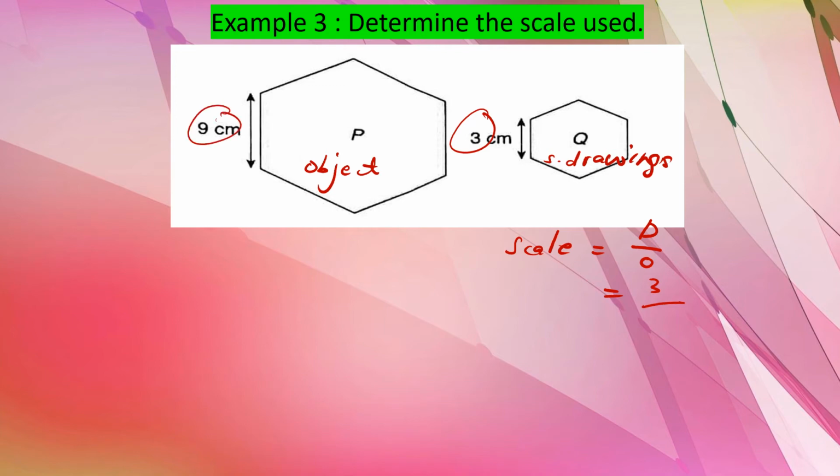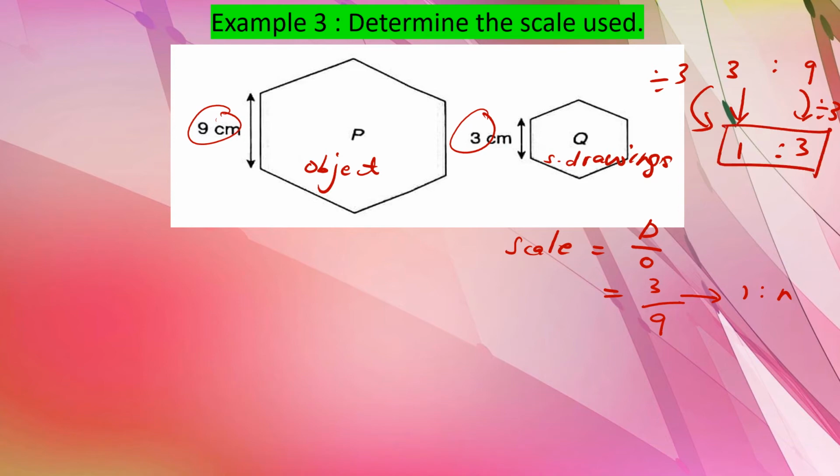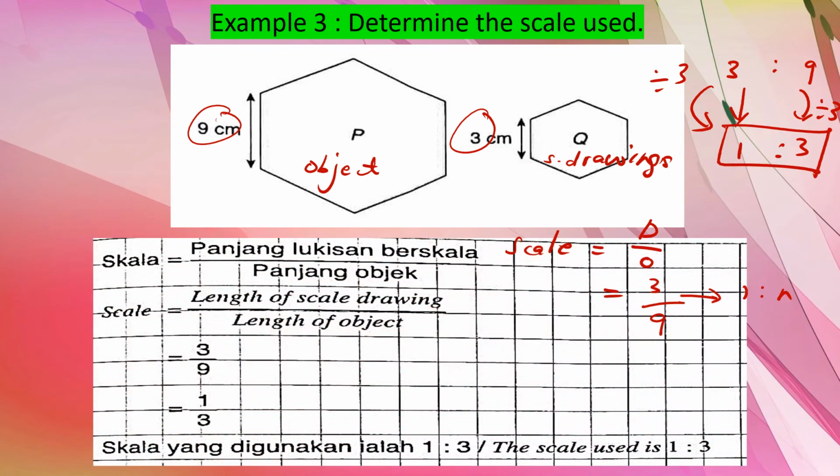The object is 9. So 3 over 9. Change to the ratio of 1 is to n. So 3 is to 9. This one changes to 1. How? Divide by 3, and this one also divides by 3. So 9 divided by 3 is 3. So this is your ratio. Let's check the answer. Yes, the scale is 1 is to 3.